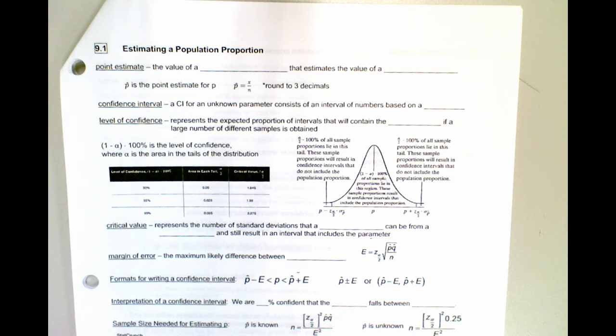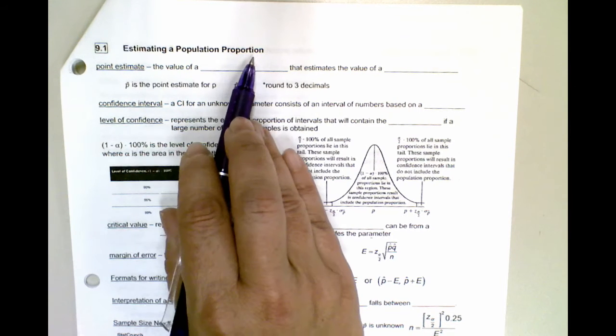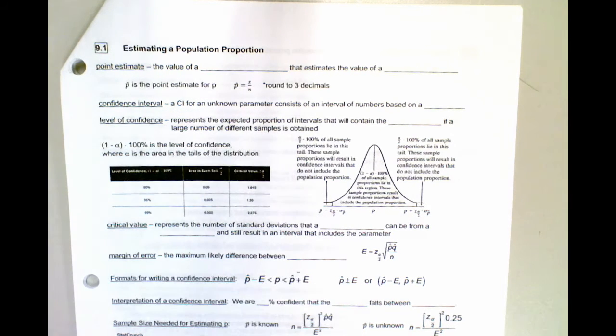So today is the start of confidence intervals, and today we are only talking about confidence intervals for the population proportion. So we will also talk about confidence intervals for mean, but today we're just talking about proportion.